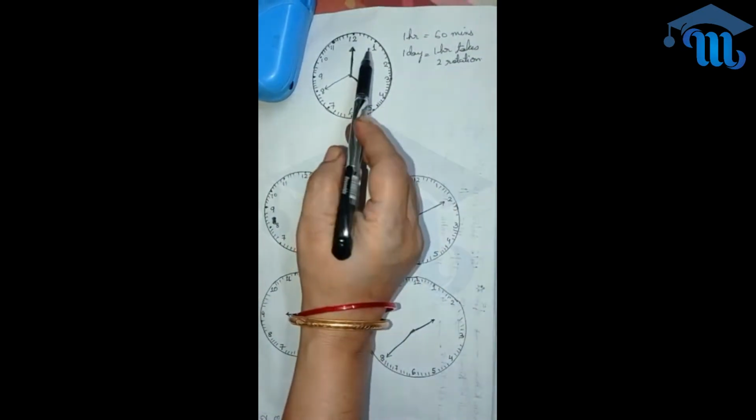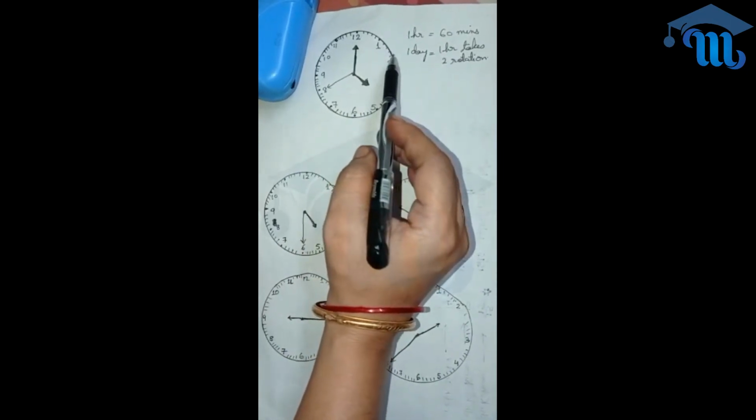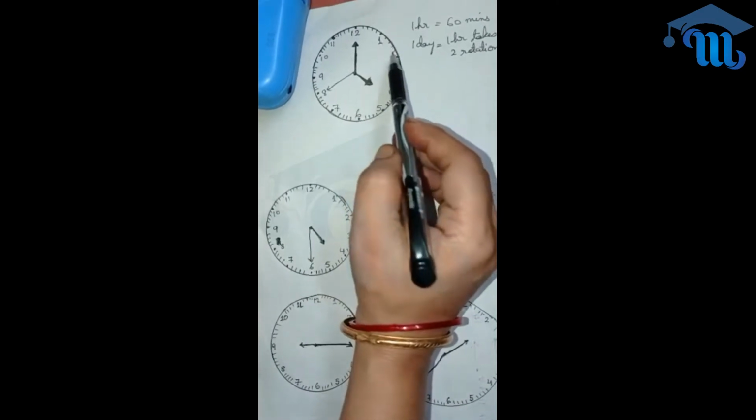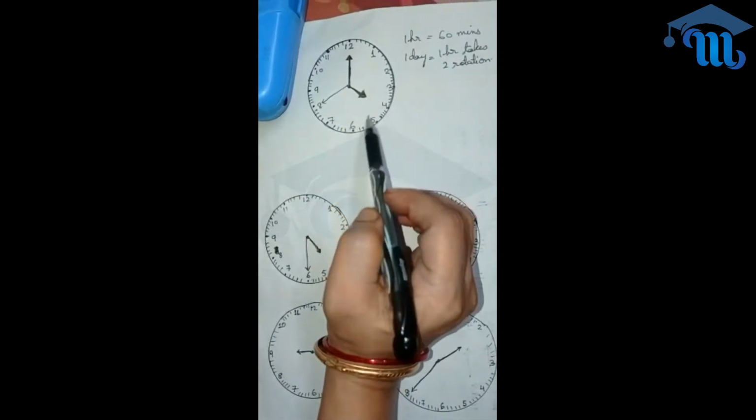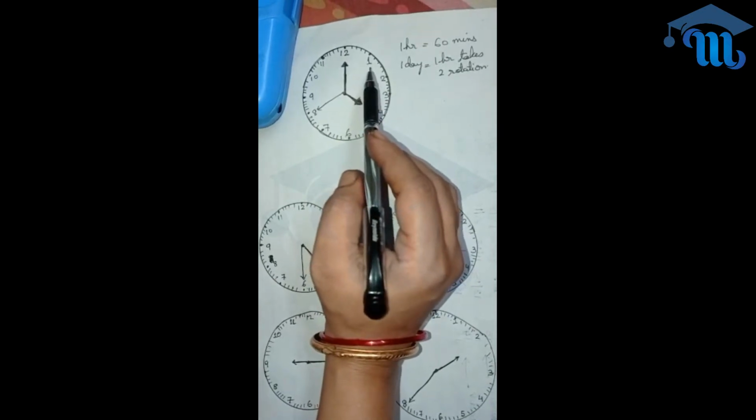There are 60 markings around the face of the clock. These markings tell us the time in minutes. See, there are 60 small markings, and they tell us the time in minutes and seconds.